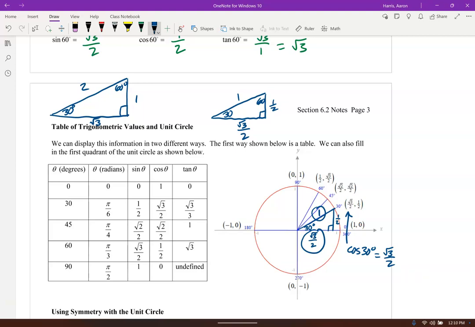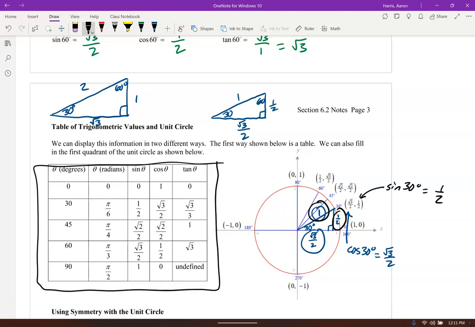And then notice the sine of 30 degrees, which is opposite over hypotenuse, 1/2 over 1. See how that 30, 60, 90 informs that? And then for a 45, 45, 90, you could fill out this whole table from those special triangles. All right?